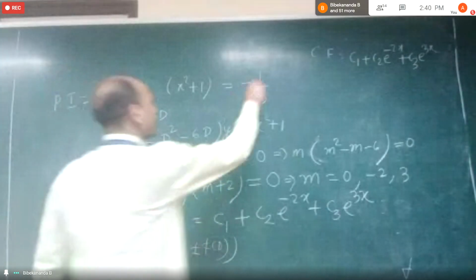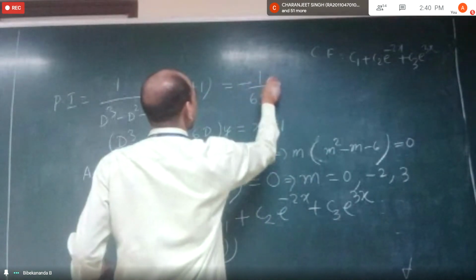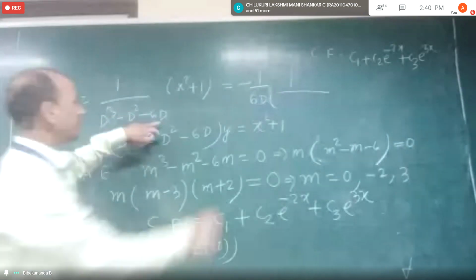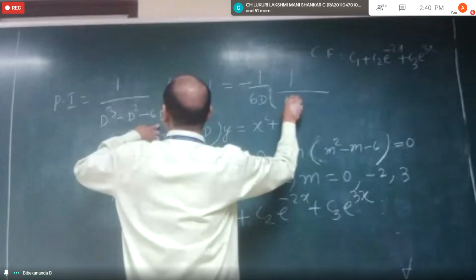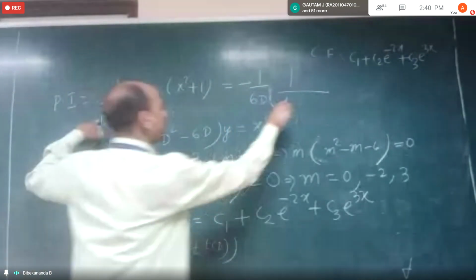If I take minus 6D common, what will be the remaining term? D square by 6, minus... already I have taken, so this plus will be minus.